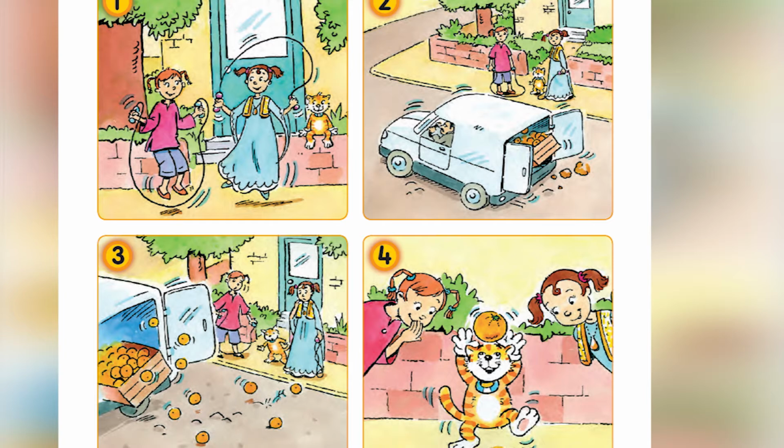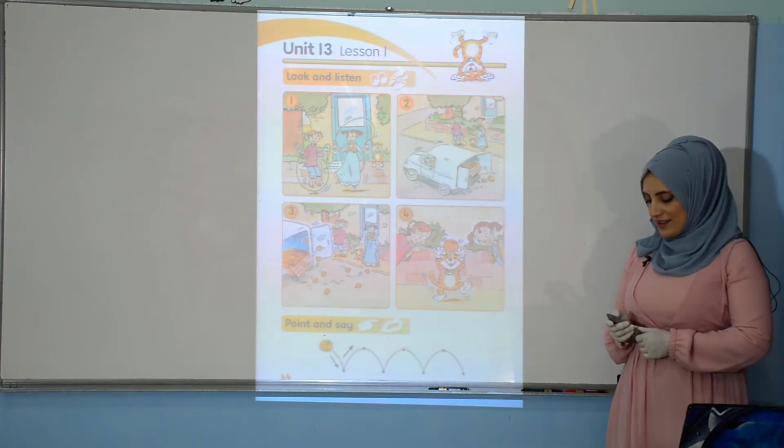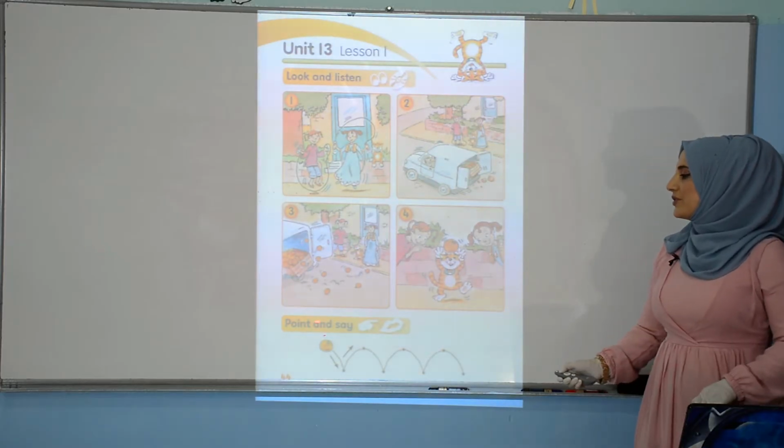Okay, picture 3. Look at Evin and Laura, they say, oh, all of the oranges, up and down, up and down. Okay, picture 4. Kitty takes one of the oranges and plays and says up and down, up and down. Okay students, now we have point and say.